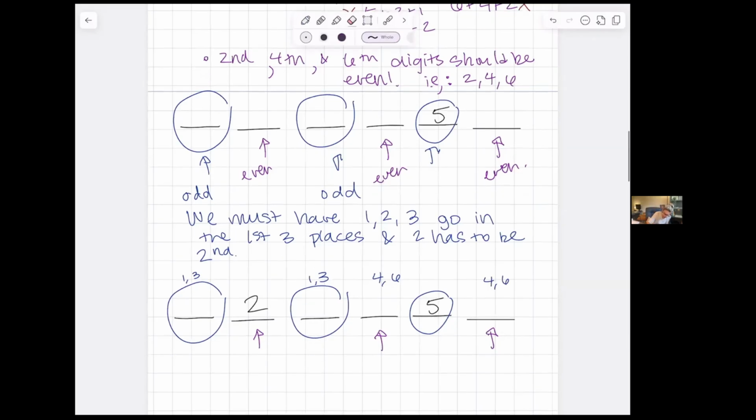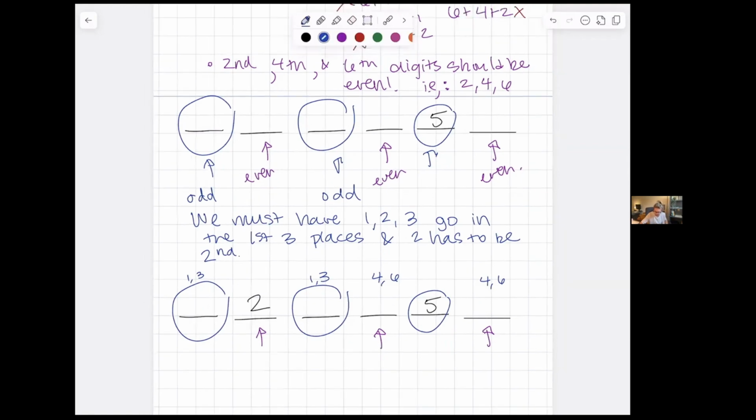So now, if I want to use guess and check, well, we already have two solutions, right? We have two solutions that we put way at the top.